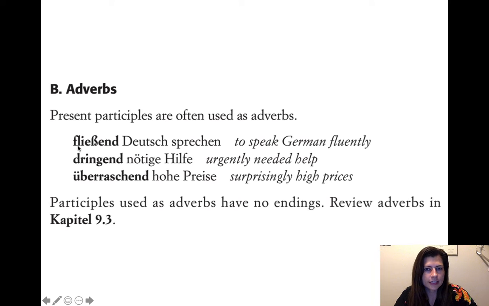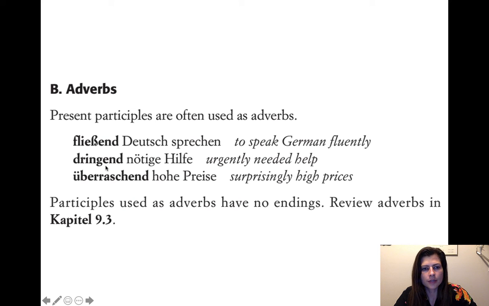So here it's actually an adverb because it's modifying sprechen, which is a verb. So if you're going to modify a verb, it's going to be an adverb, and adverbs don't take endings. Adjectives take endings, but adverbs don't need endings. So all we do is we take fließen, which is the verb, and then add the D, and it makes it an adverb, like fluently, to speak it fluently, fließend.